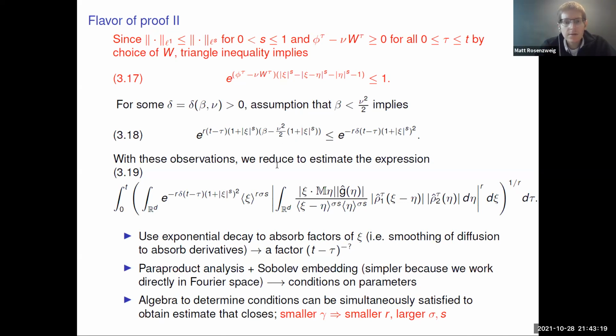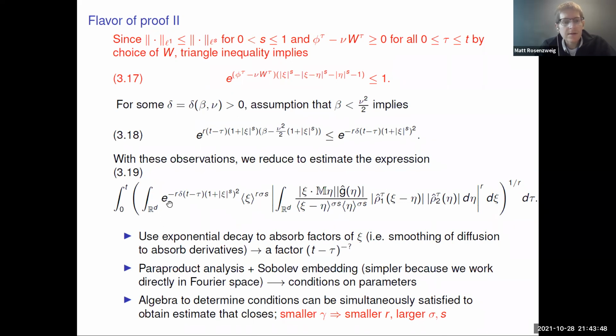The second thing that you should observe is that, okay, well, I have the diffusion coming from the structure of my equation, and I can use that to bound this other exponential by an exponential with a negative exponent. And you do all that, and you reduce to estimating this expression down here. And then, you can follow your nose.